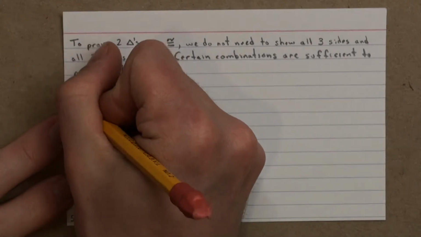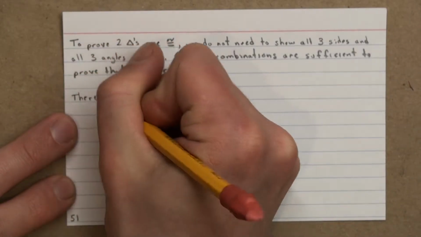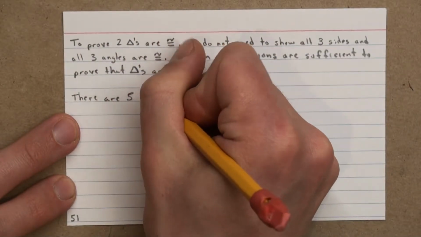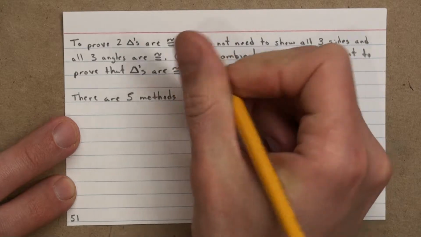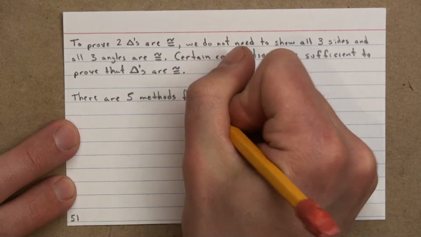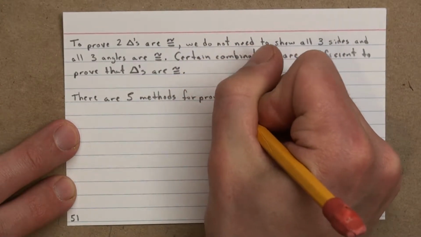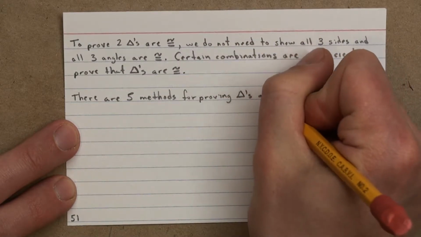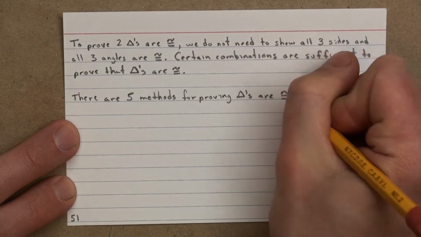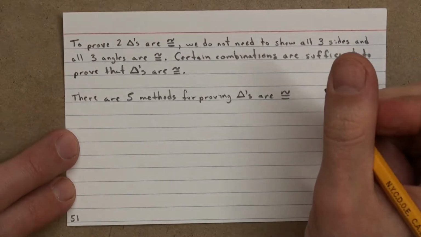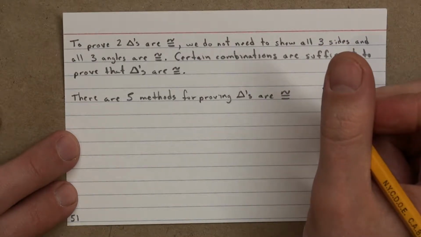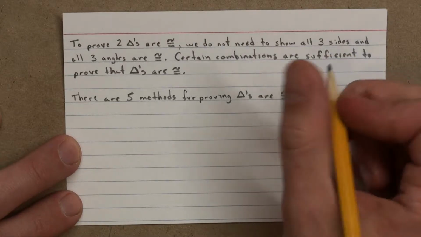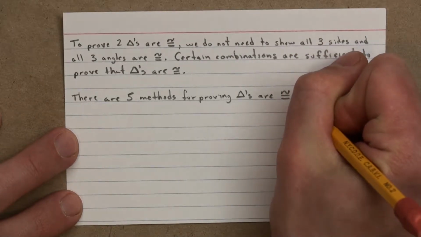Okay. There are 5 methods for proving triangles are congruent. Okay. And here they are.